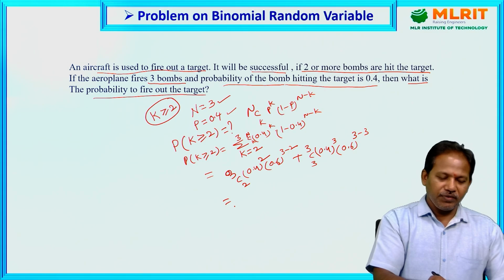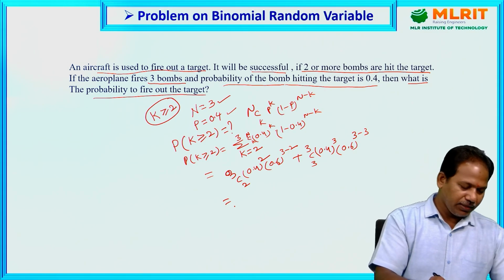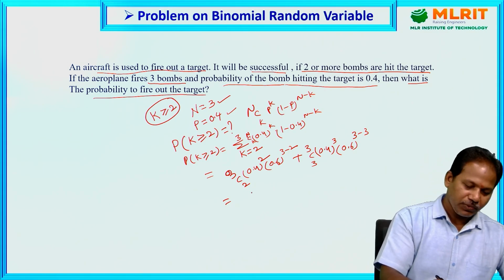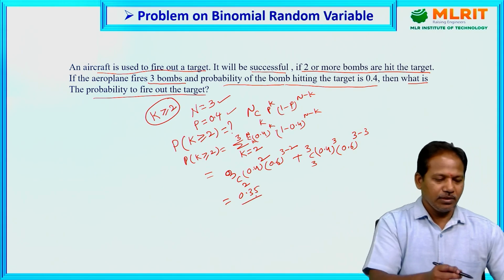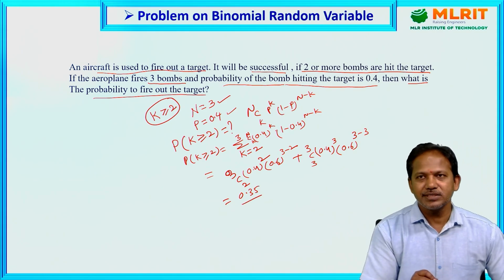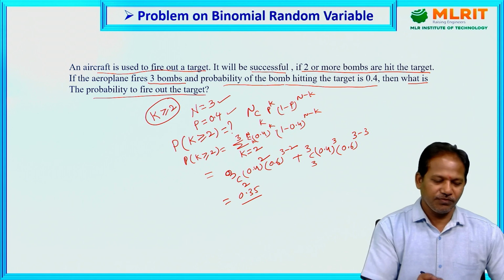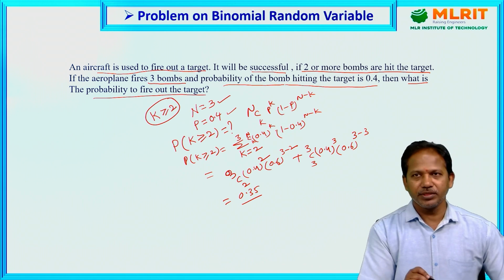If you solve this one, you can get 0.35. So the probability of the bomb hitting the target 2 or more times is 0.35.